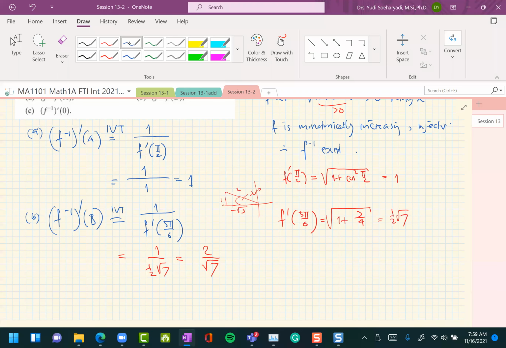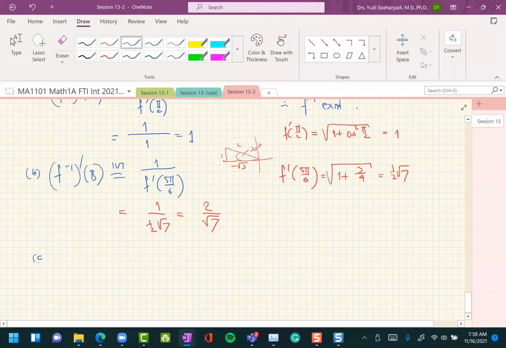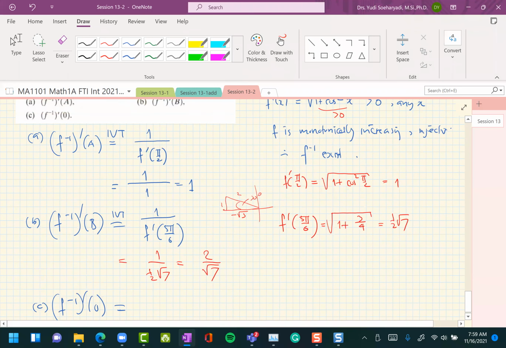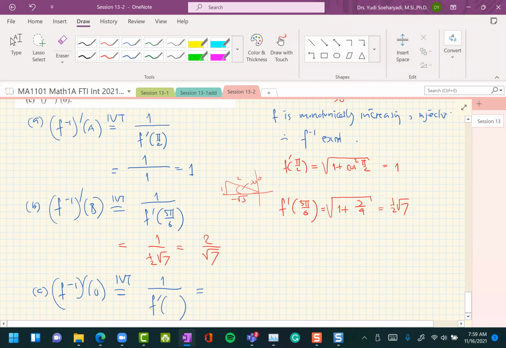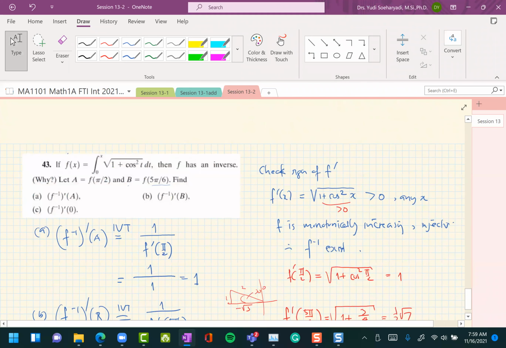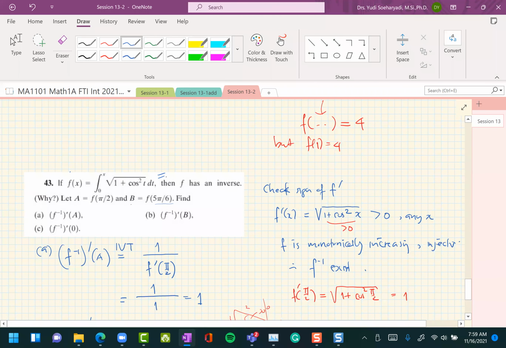And c, 0. Right. So you have to, again, by the inverse function theorem. All right. So what is mapped to 0? So the question is, if this should be 0, what should be the x?